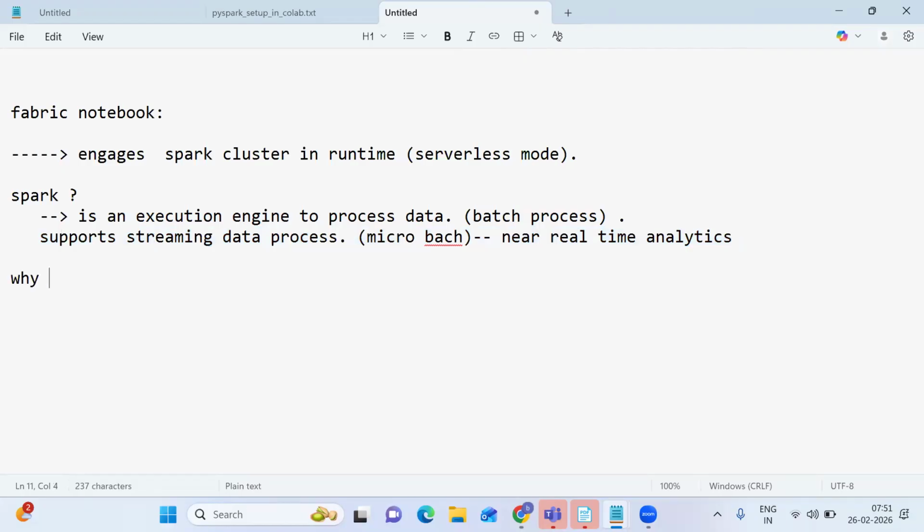My second question: why Spark? To process data, many tools are there. Even SQL can process, Python can process. Why do you need Spark? Parallel processing, of course.